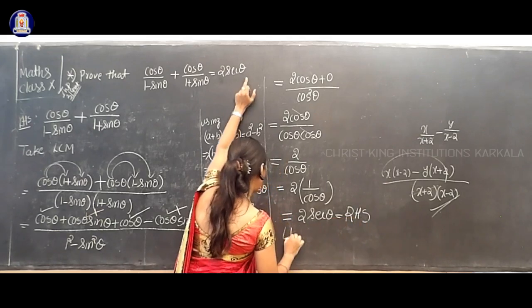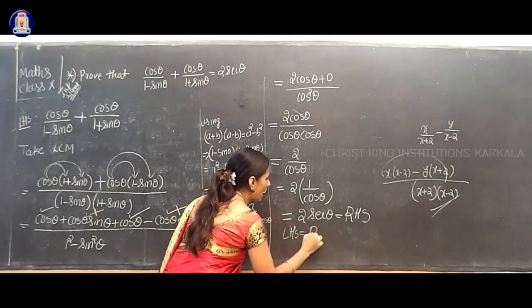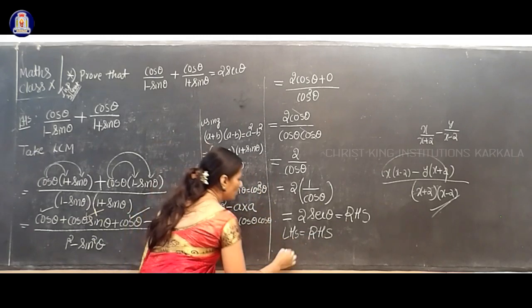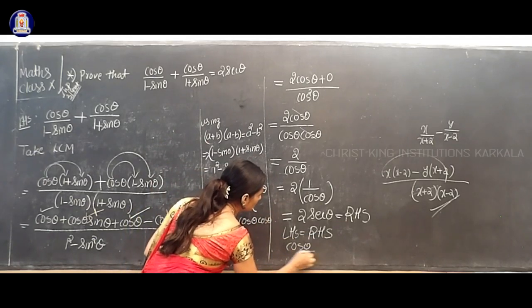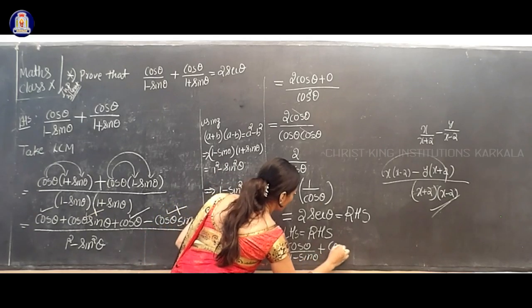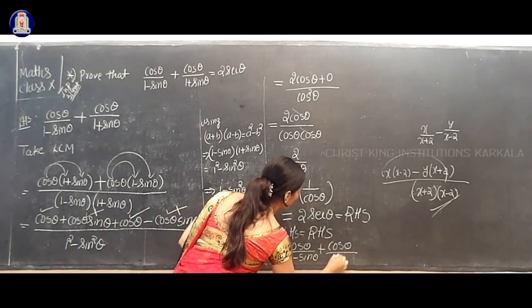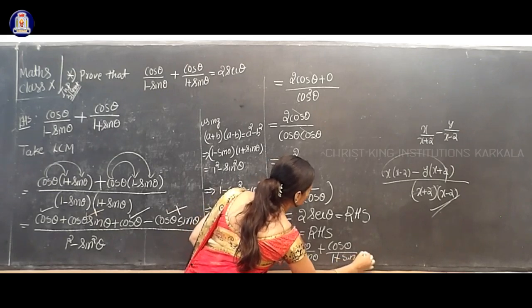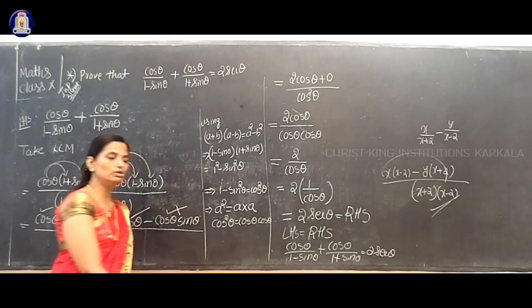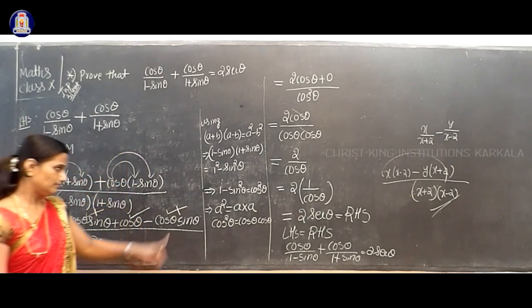Therefore LHS is equal to RHS. Now write the conclusion. Cos theta divided by 1 minus sin theta plus cos theta divided by 1 plus sin theta is equal to 2 secant theta.